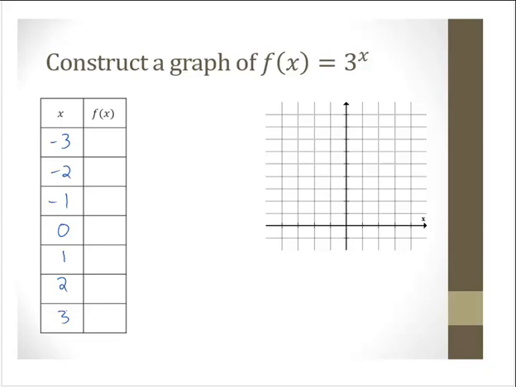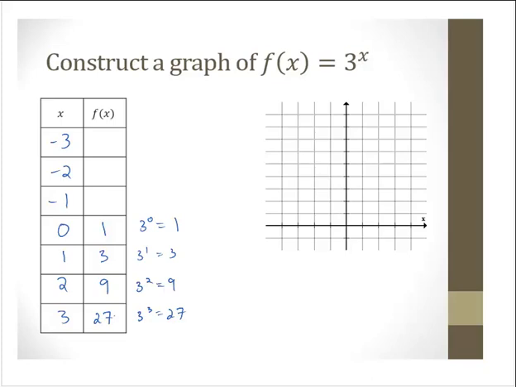And I'll start with maybe the easier values. If x is 0, 3 to the 0 is 1. If x is 1, 3 to the first is 3. If x is 2, 3 to the second is 9. And if x is 3, 3 to the third is 27.